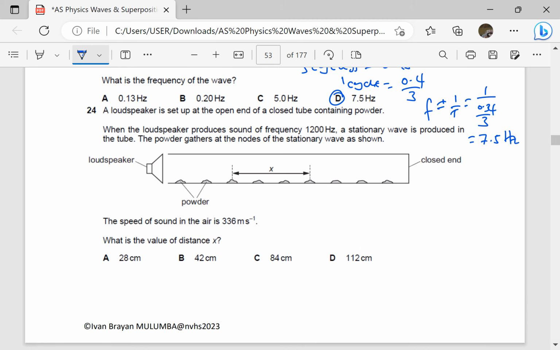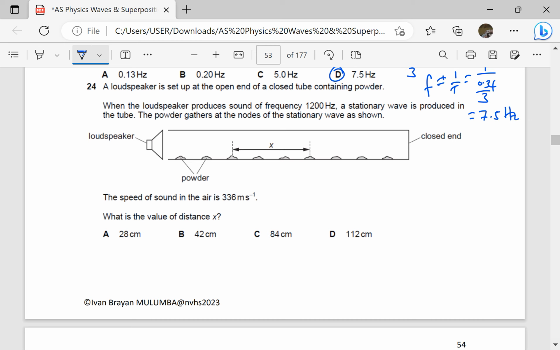A loudspeaker is set up at the open end of a closed tube containing powder. When the loudspeaker produces sound of frequency 1200 Hz, a stationary wave is produced in the tube. The powder gathers at the nodes of the stationary wave as shown in the figure here. The speed of the sound in the air is 336 meters per second.